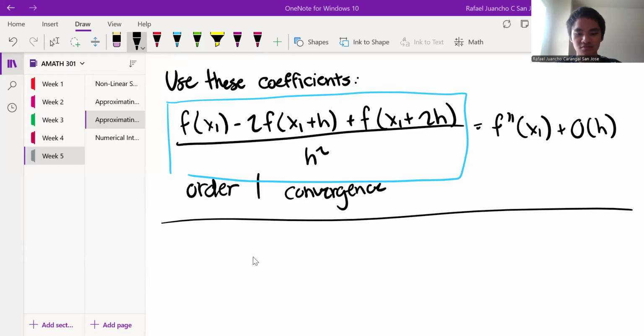Okay, let me actually. Yeah, what does it mean to have an order 1 convergence? I'm also asking that. It's how quickly the error decreases as the step size h gets smaller.